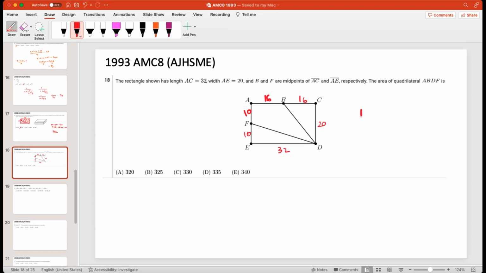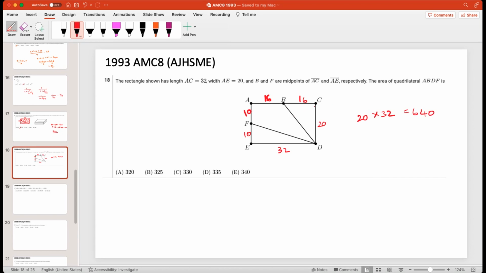So rectangle area is 16 into 32, correct? No, it's not 16 into 32, it's 32 into 20. So this is not 16, this is 20. So 20 into 32 is equal to 640.